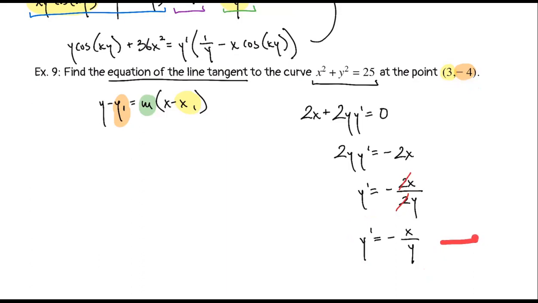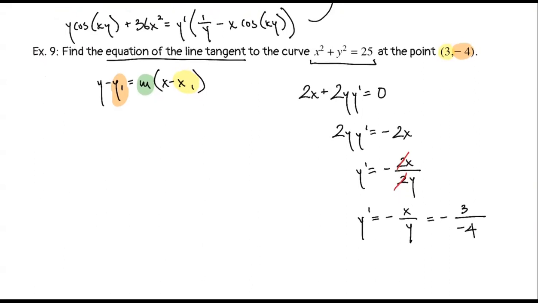We found the derivative, but then we didn't plug those numbers back in. If there are numbers, we want to be really patient. We don't plug them in until the very end. But once we get to that end, we do plug them in. So 3 over -4. That means our slope is 3/4.